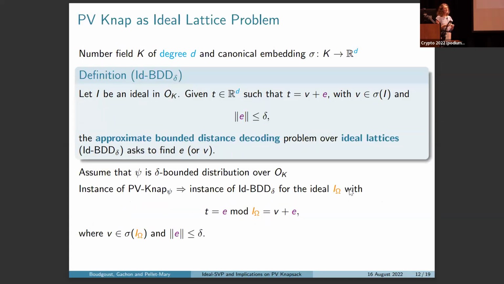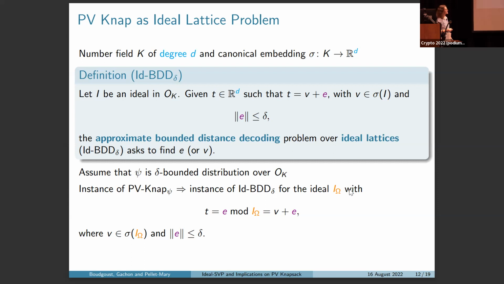Okay, so now I promised you that this partial Vandermonde knapsack problem lies on this frozen lake of the shortest vector problem. But it's actually not defining a shortest vector problem, but a related problem that is called a bounded distance decoding problem. So I have to introduce that over ideals. So we are given an ideal, and I give you what we call a target vector.